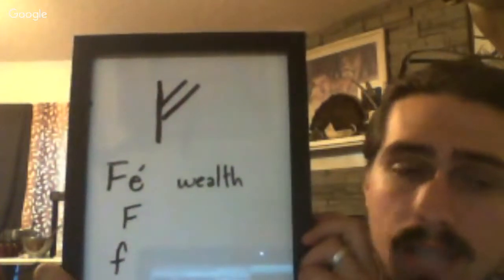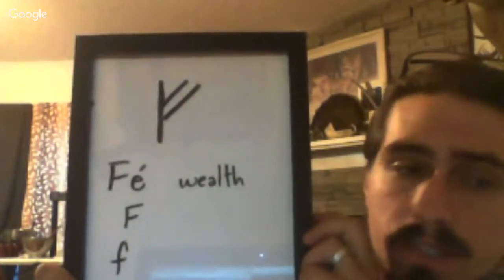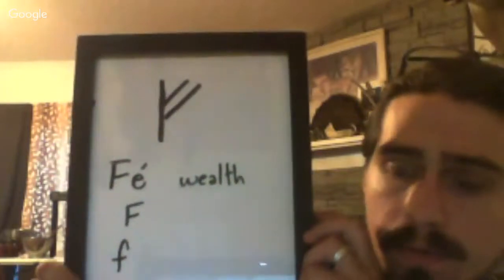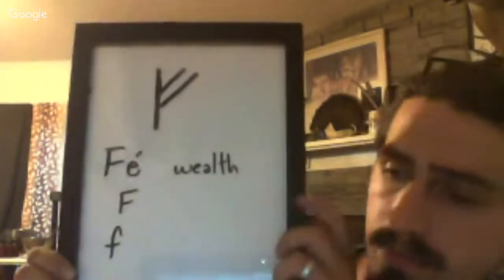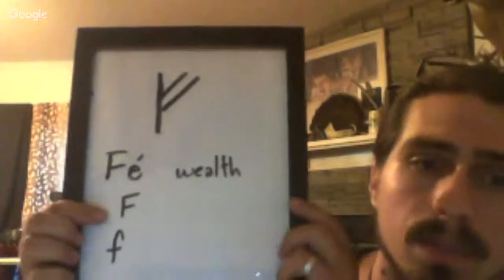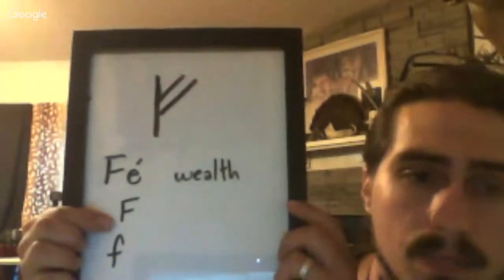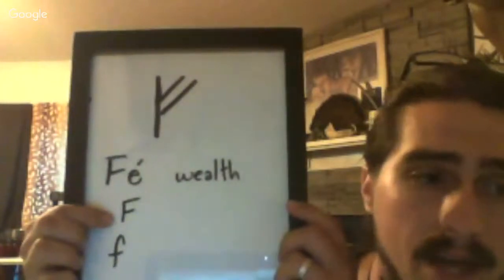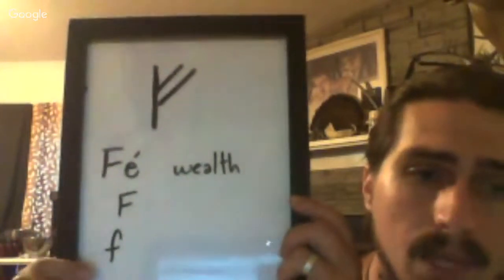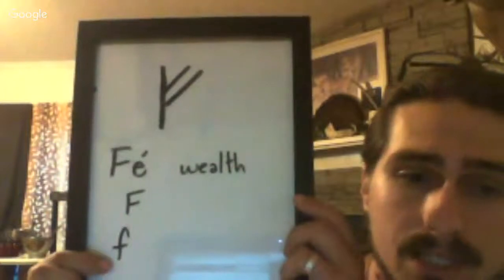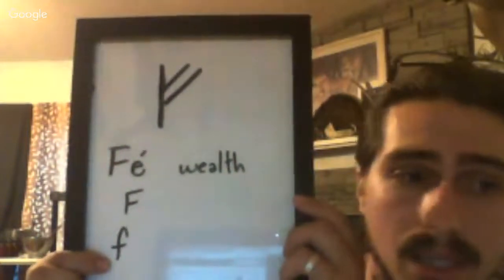Fehu is cattle. Fee is just the Old Norse form of that word. So if you see this letter as an inscription, you would transcribe it as the letter F. And the sound that is realized there is directly a letter F.